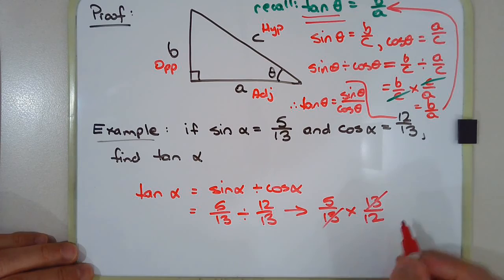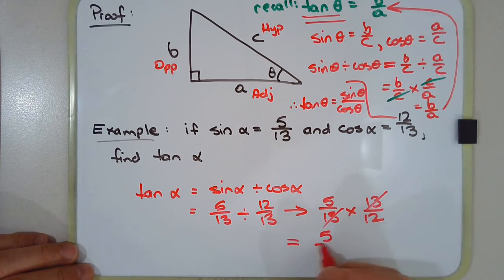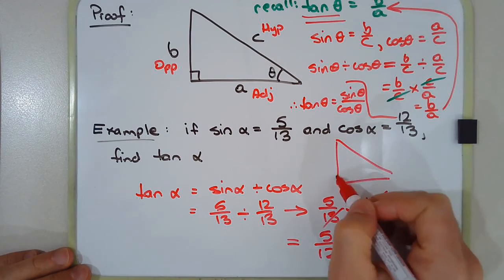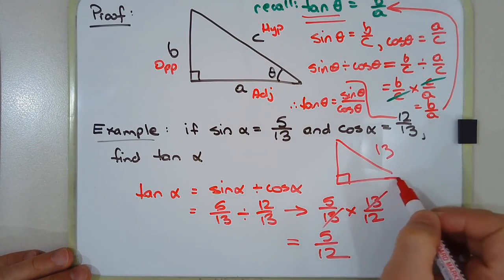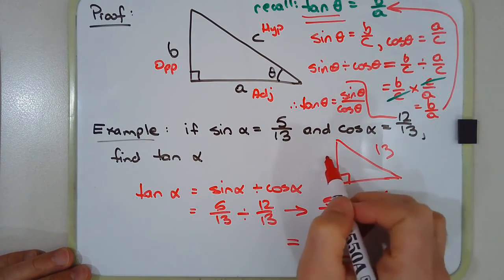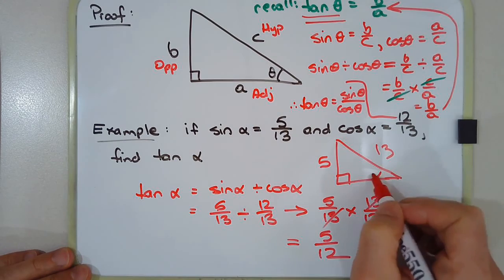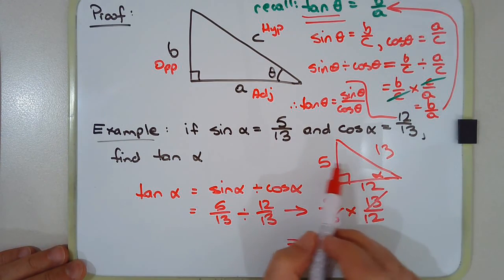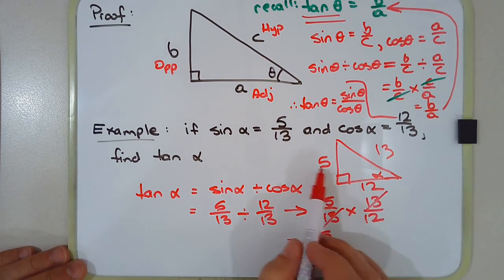The 13s cancel, and we are left with 5 over 12. And that makes sense. If we drew a right angle triangle, the hypotenuse would be 13, the opposite side would be 5, there's our alpha, and the adjacent side will be 12. And we know from definition of the tangent ratio that it's opposite over adjacent.